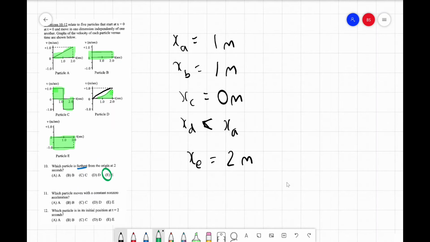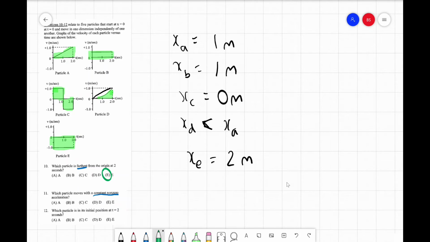Our next question is asking us which particle moves with a constant non-zero acceleration. So the key words here are constant and non-zero. So let's start with particle A for this one again, and notice that its velocity is increasing linearly. That means that the acceleration is constant and it is non-zero.